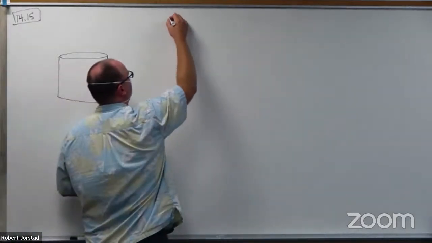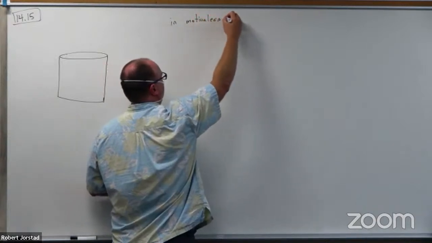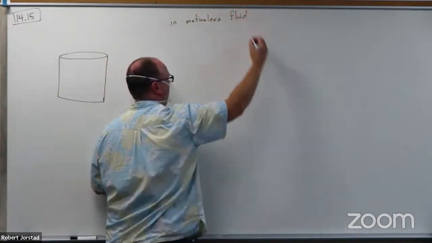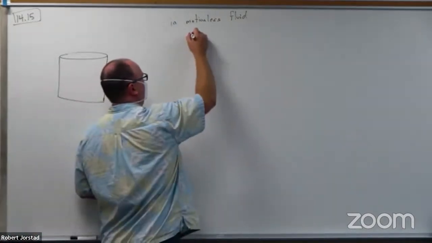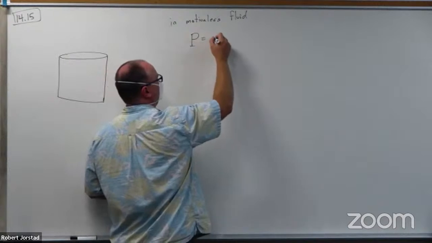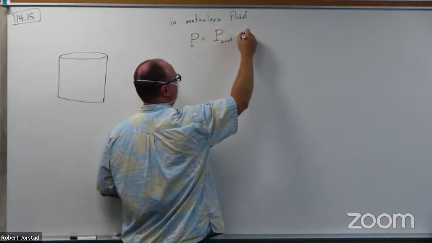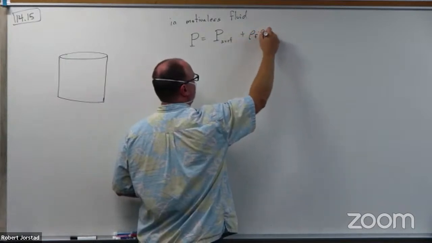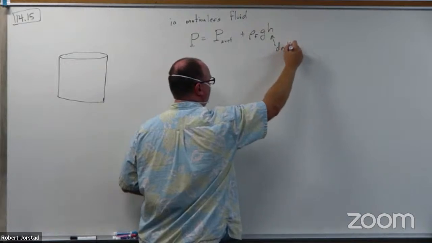So, in motionless fluid, say water that's not got a current, we talked about pressure is equal to pressure at the surface plus rho of the fluid, g times h, where h is depth, not height, depth.